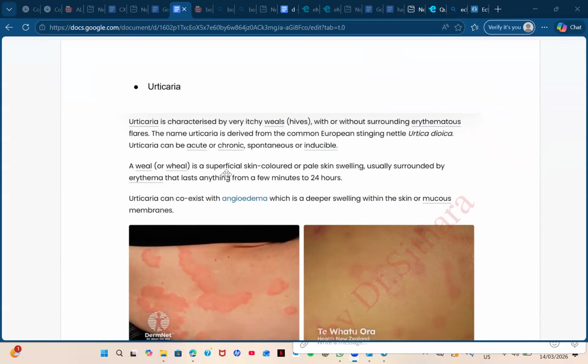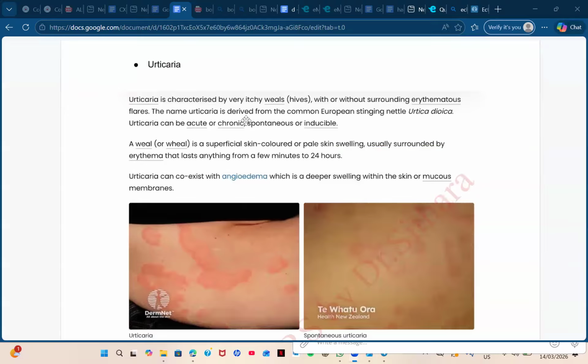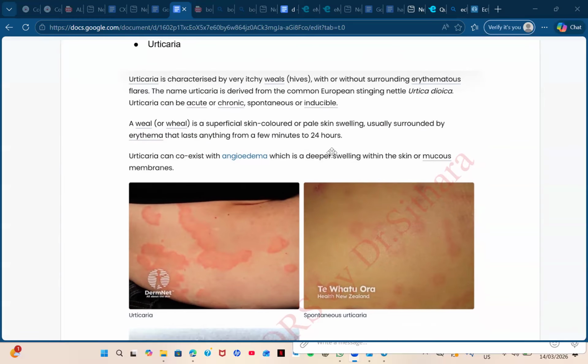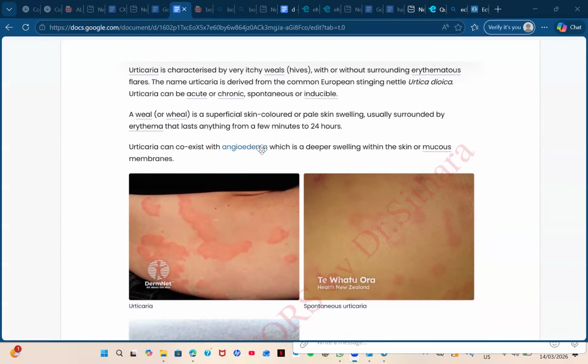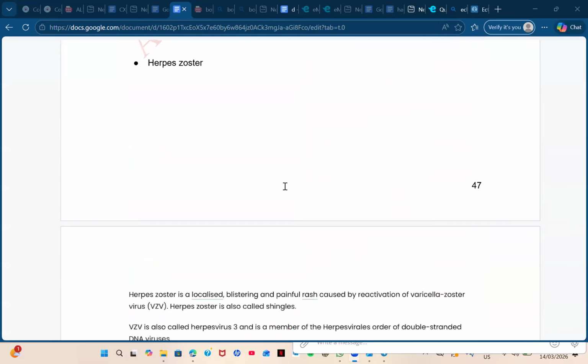Urticaria can be acute or chronic, spontaneous or inducible, because there is a classification in dermatology, but I don't think you will need that classification. A wheal is a superficial skin-colored or pale skin swelling, usually surrounded by erythema, that lasts anything from a few minutes to 24 hours. Here you can see the raised wheal.